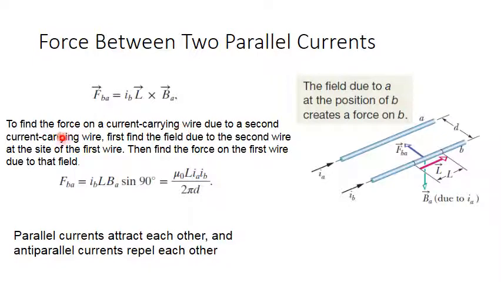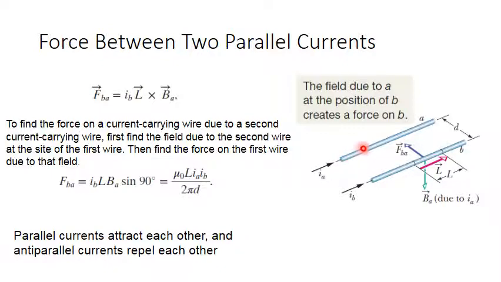So to find the force on a current carrying wire due to a second current carrying wire, first find the field due to the second wire at the side of the first wire. Then find the force on the first wire due to this field.